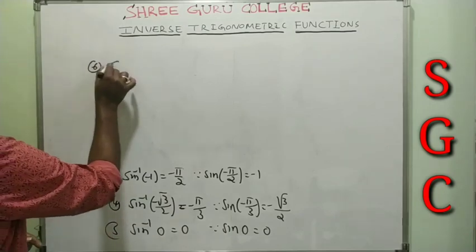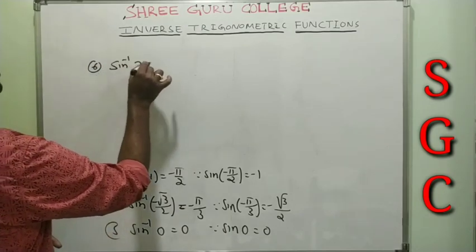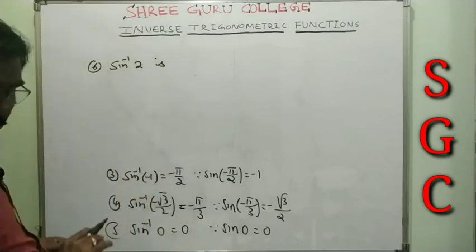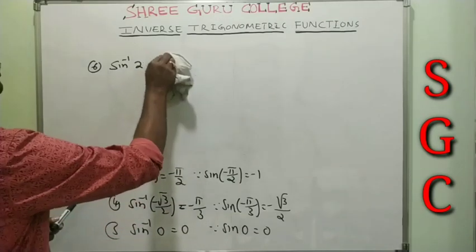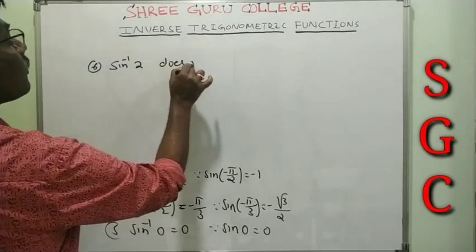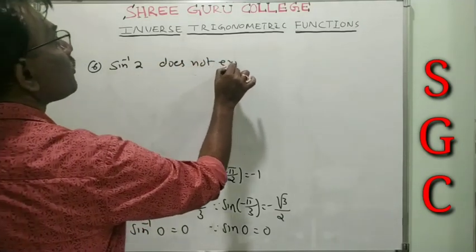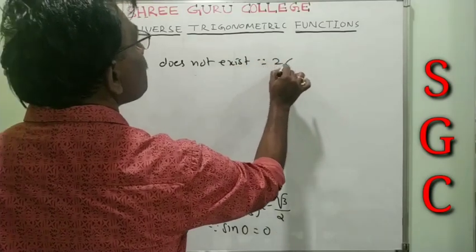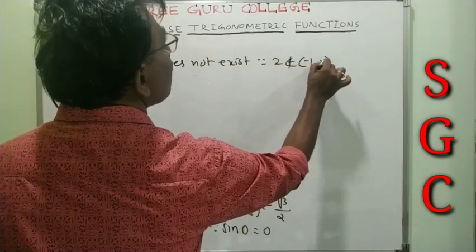Sixth example, sine inverse of 2 does not exist, because 2 does not belong to minus 1 to plus 1.